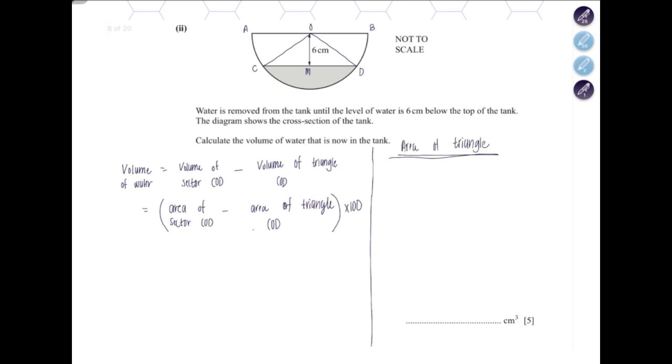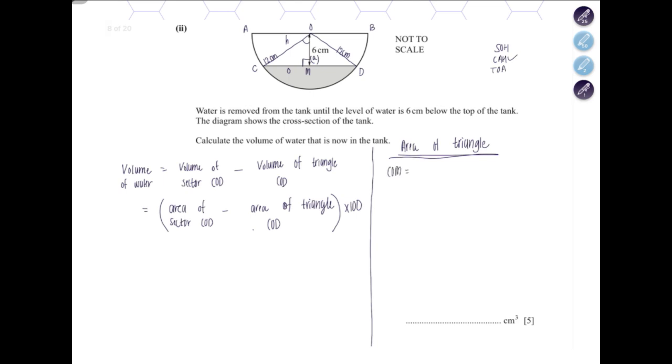So how do we do that? This is the angle that we're looking for. This is opposite. This is H and this is A. So we know CO is 12 centimeter. This is also 12 centimeter. So we have hypotenuse and we also have adjacent. So using SOHCAHTOA, we can use cosine.